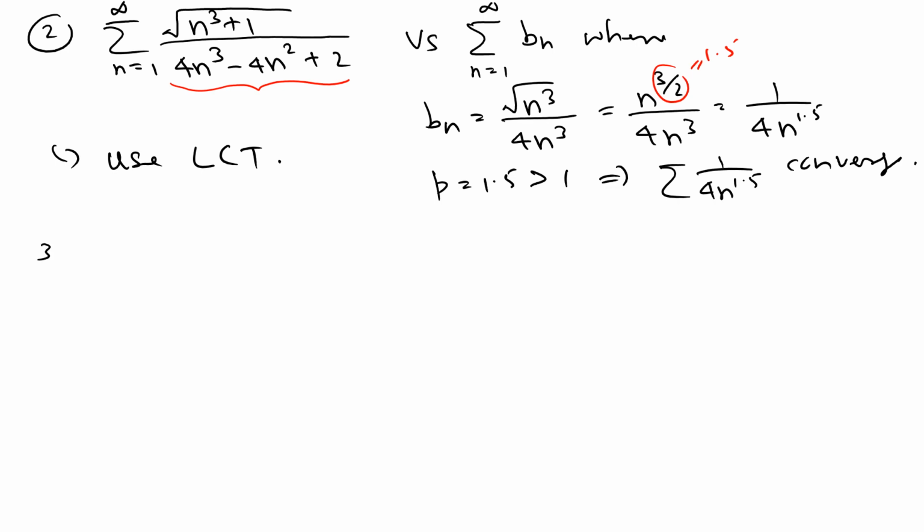Number 3. Let's say we have sigma n going from 1 to infinity of n squared e to the negative n cube. What you can see here is that this is very easy to integrate. This is just a u-substitution problem.